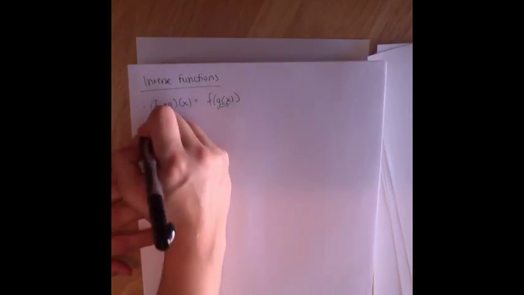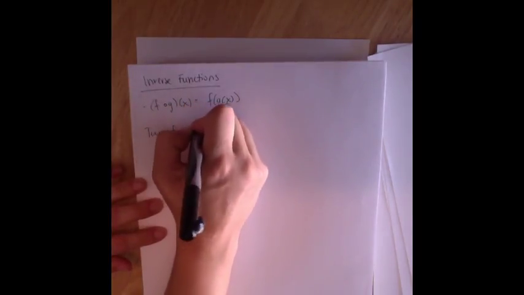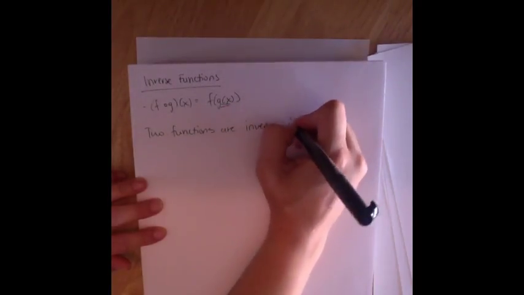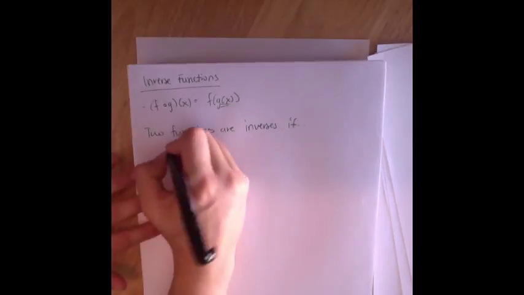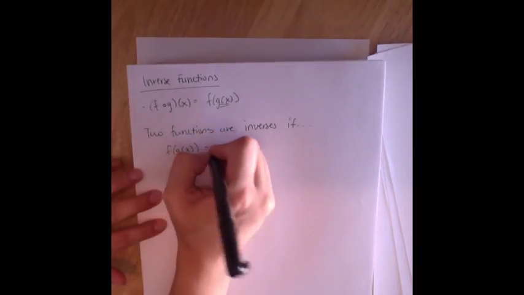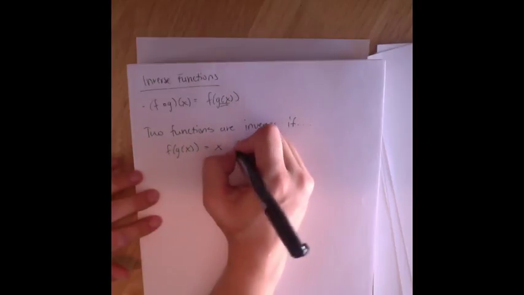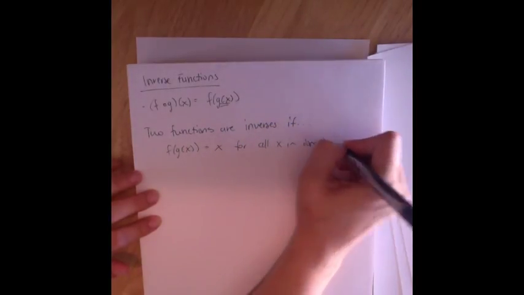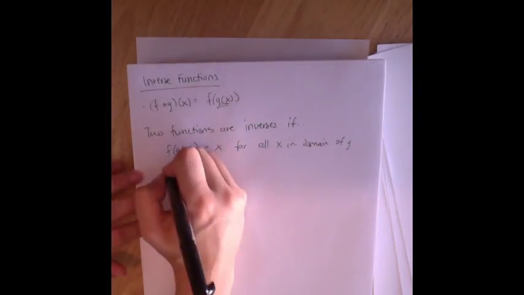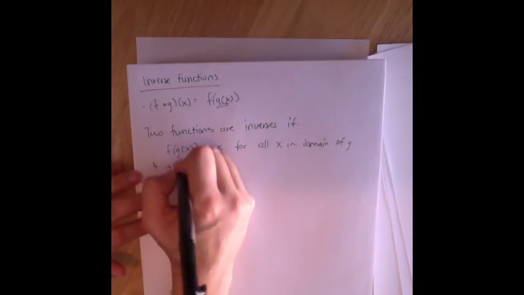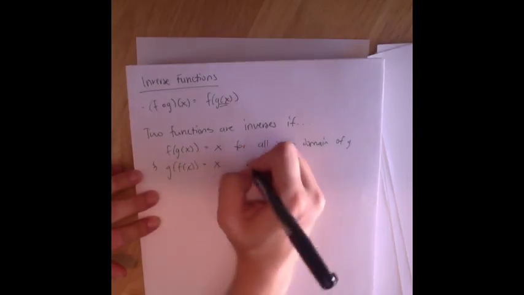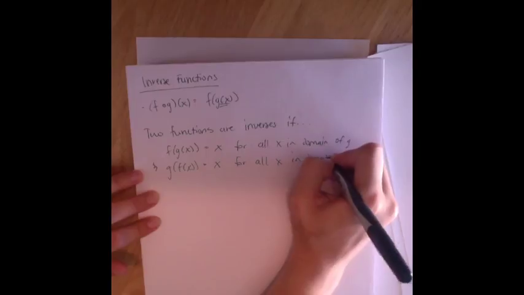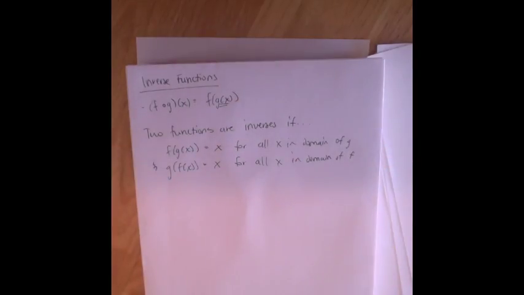Now, 2 functions are inverses if f of g of x equals x for all x in the domain of g, and g of f of x equals x for all x in the domain of f.